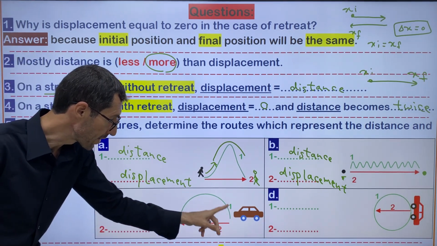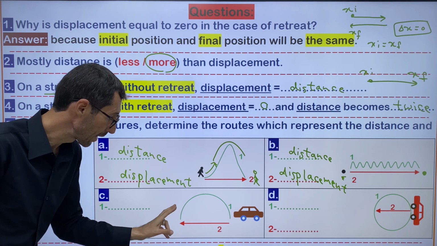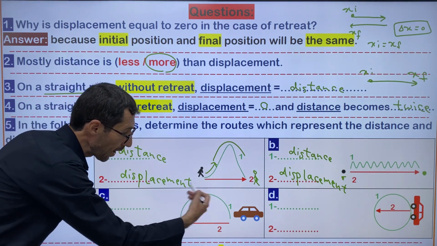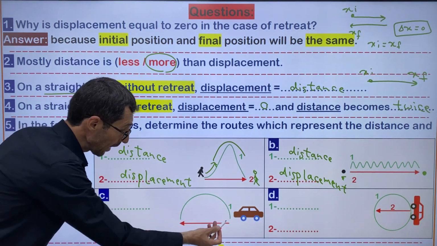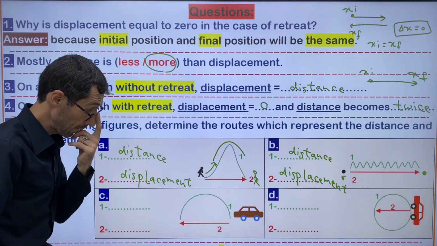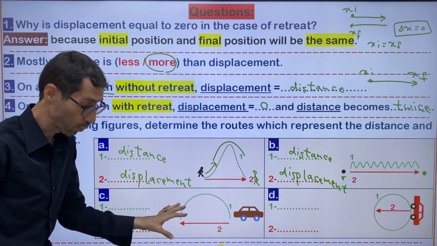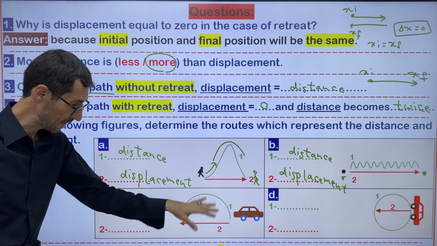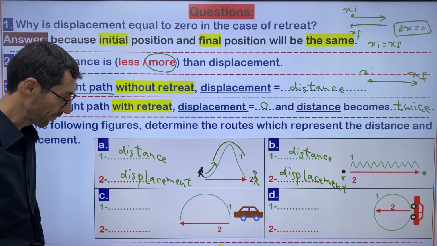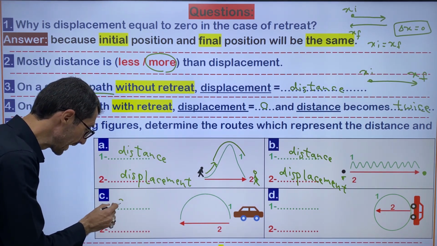C, there's a car. The car moves along an arc, tending to follow this circular track. In this situation, number one becomes distance.